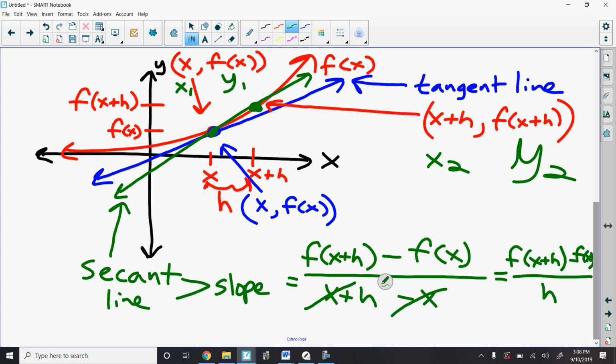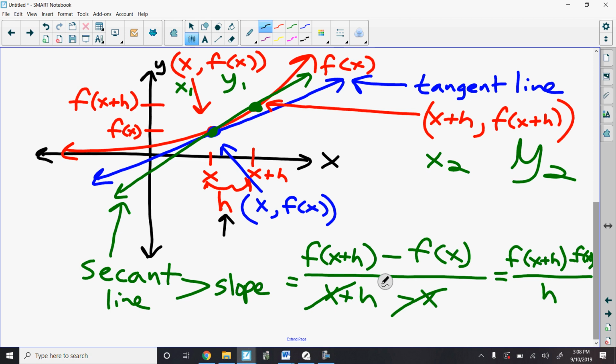Now again, you may say, well, who cares? It's not the slope of the tangent line. But what if I made h a little bit smaller? Okay, you don't need to keep adding these into your picture. It's already pretty convoluted here. But imagine if I let h be a little bit smaller. We'll use a black line for that.